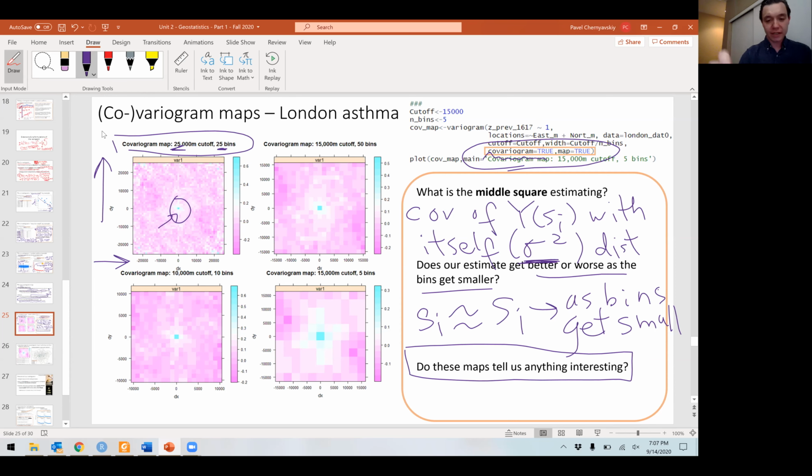So let's take a look. Each one of these legends is slightly different because the bin size and the number of bins is slightly different. Let's look at this bottom right at first. So the blue colors, roughly speaking, indicate a positive covariance, and the pink and red colors indicate either no covariance or negative covariance.